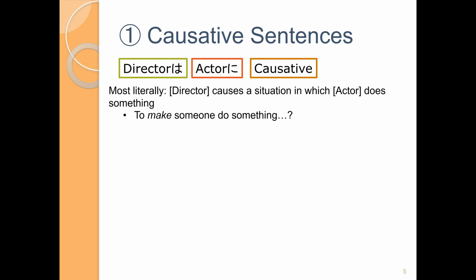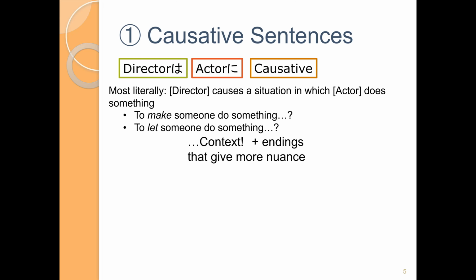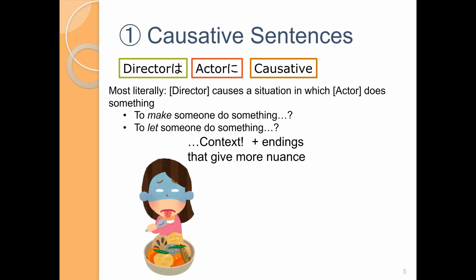So the question is, does it mean to make someone do something or to let someone do something? Well, we have two ways to know. One is by the context, and the other is by endings that can give a little bit more nuance. We're going to talk about those endings in the next video.